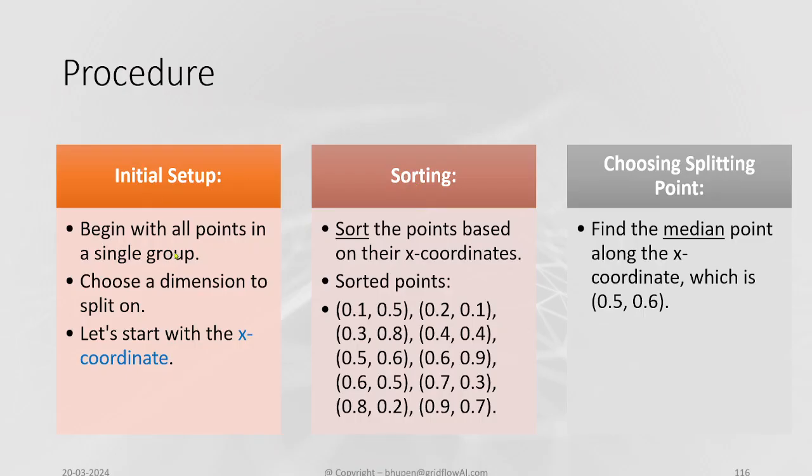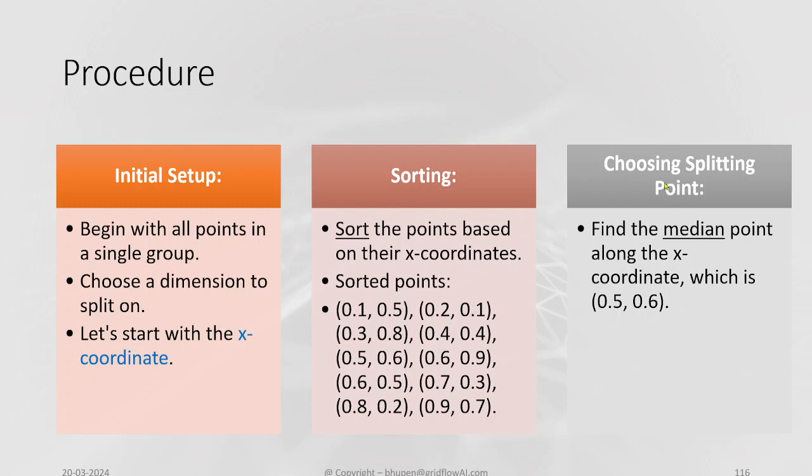Initially, we are going to put all the points in a single group, like one tree. After that, we choose a particular dimension to start with. Let's say we start with the x axis, that means column x1 or column c1. Then we sort the data based on c1, the x coordinate. After sorting, this is how the data would look.